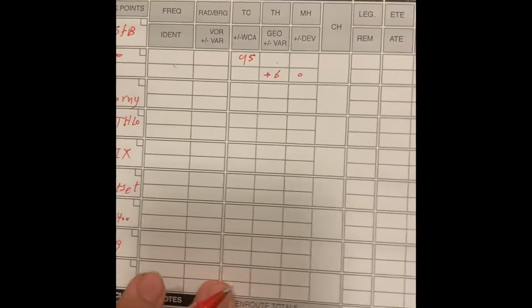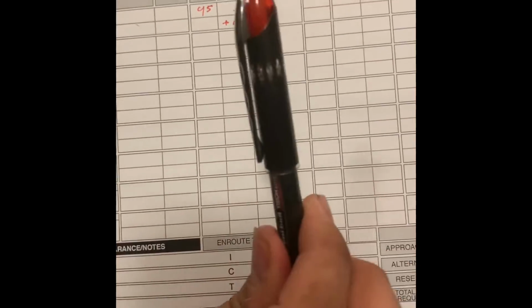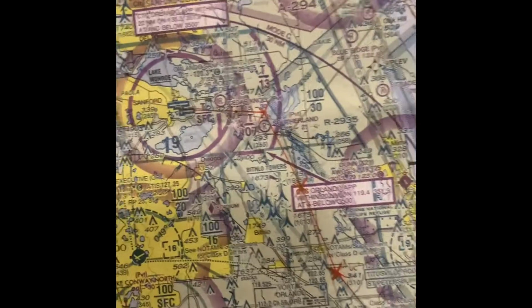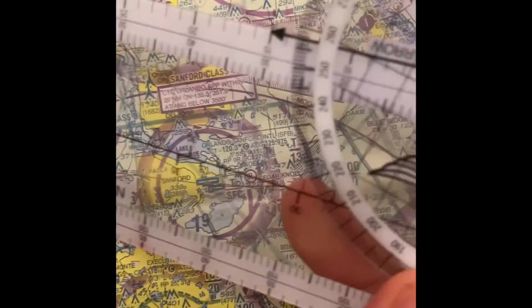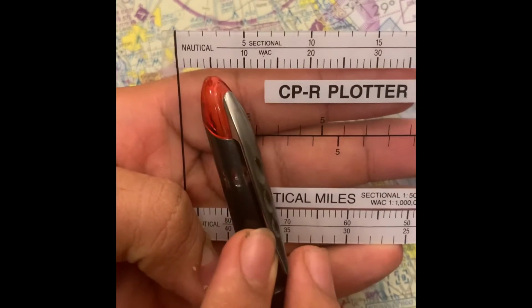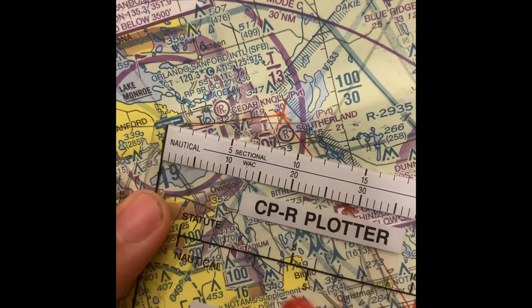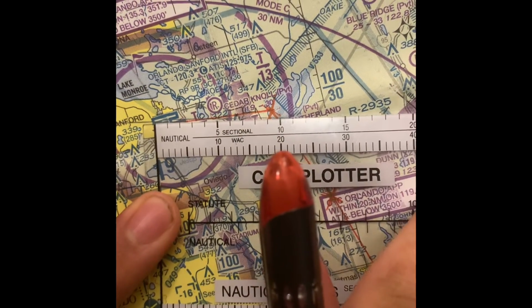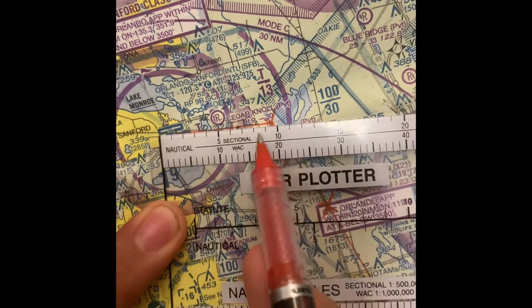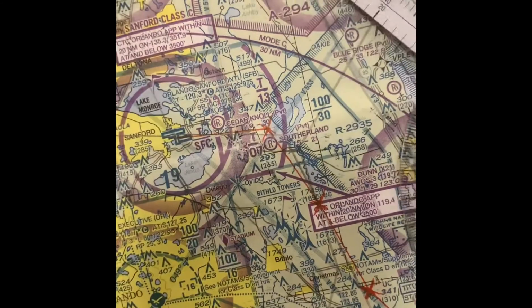Okay, then we're gonna move to that part here, the leg, which is the distance between the first point to the second point. So we're gonna grab our plotter. Make sure you're using nautical miles, not statute miles on the other side. So we're gonna put our plotter here in the middle of the airport, and as we see here, it's about 8 miles.